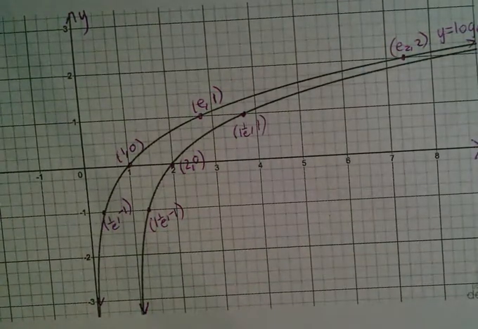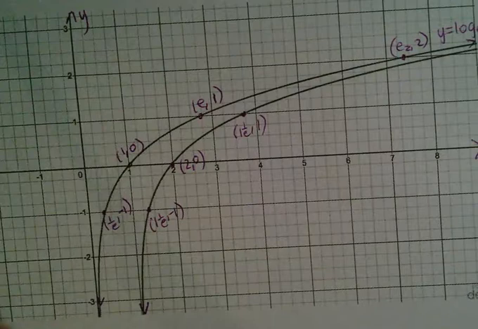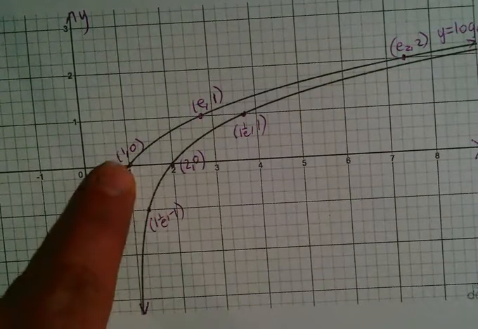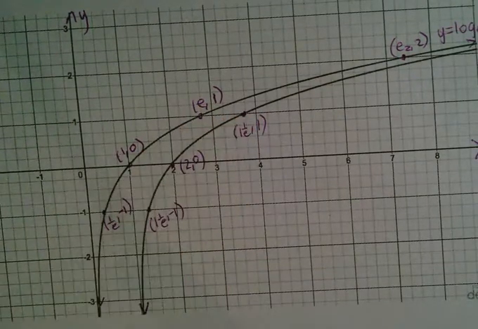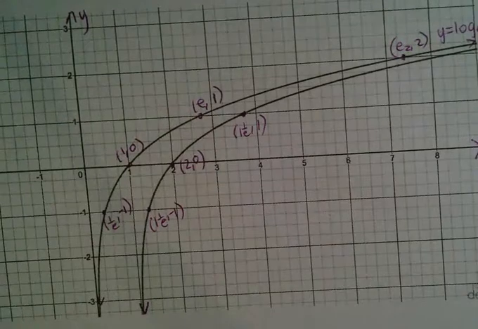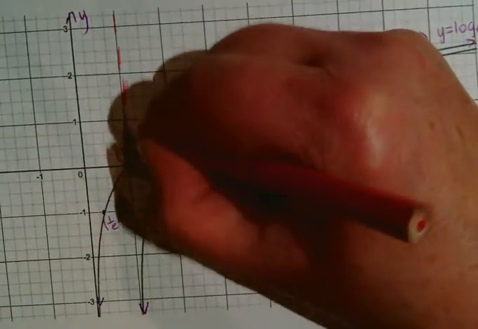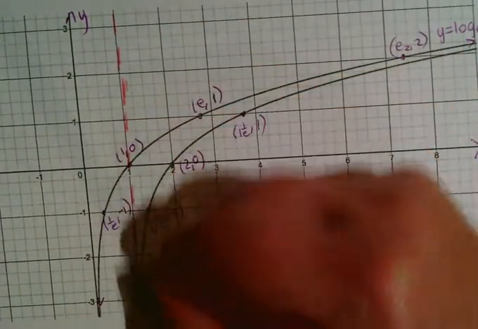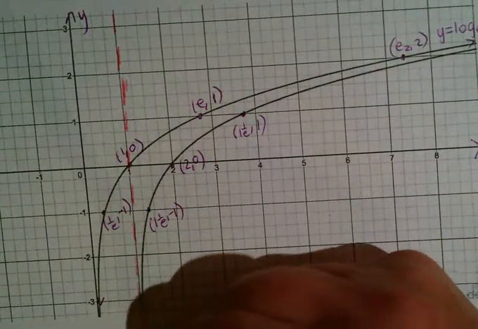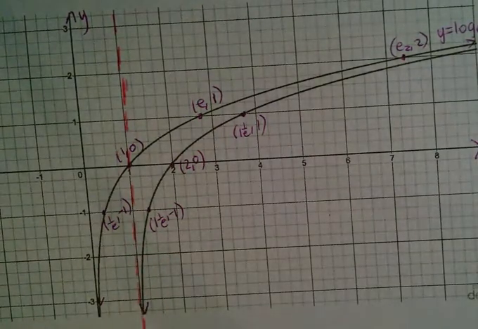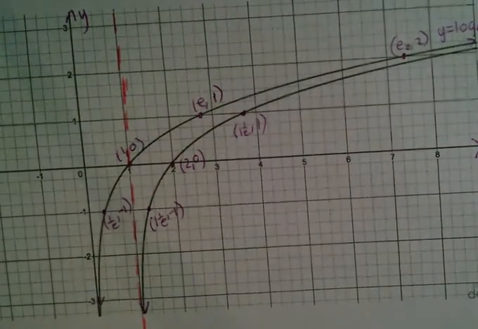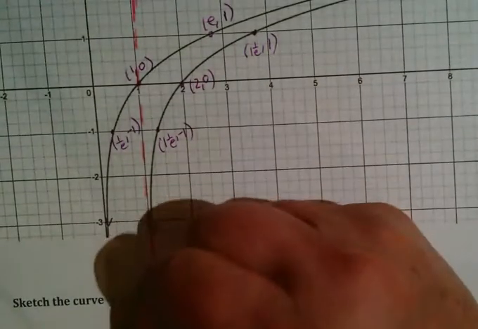Okay, so the whole graph has been shifted 1 unit to the right. You can see each point has been shifted 1 unit to the right. But just be careful here because you've got a new asymptote here, and you might want to mark it in something. This is the line x equals 1, and x equals 1 is an asymptote for your new curve.